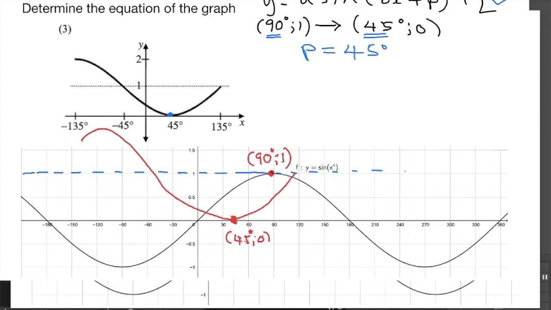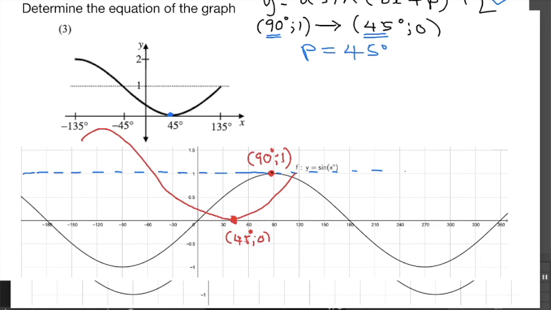If you compare the two graphs again, the point 90 degrees and 1 compared to the point 45 degrees and 0, you'll notice that the turning point is like upside down. It looks like there is a reflection that took place here. And that straight away tells me what A is.